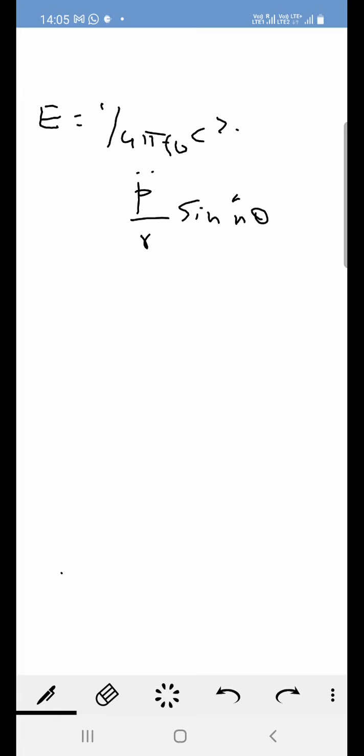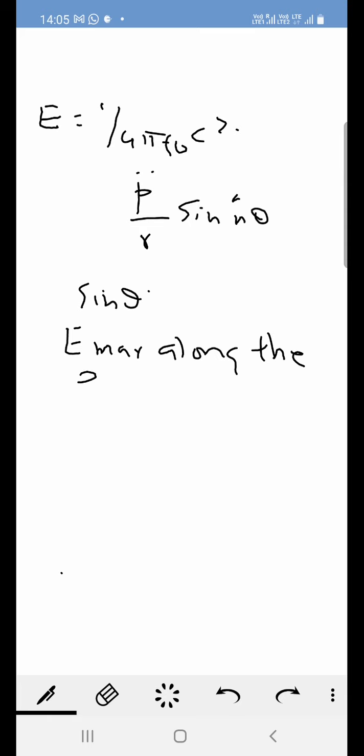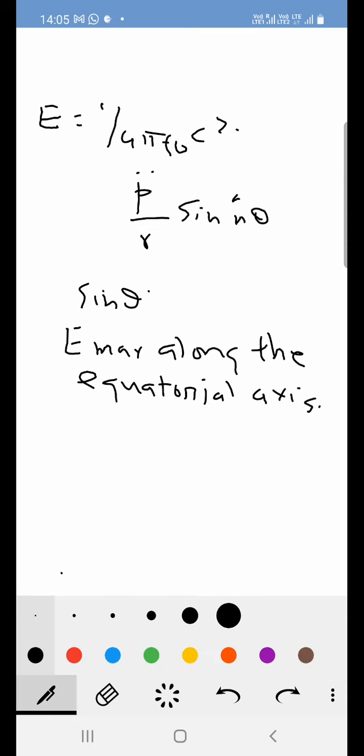So it varies as sine theta, and has a maximum value along the equatorial axis. E max is along the equatorial axis, and I can show here how the equatorial axis looks.